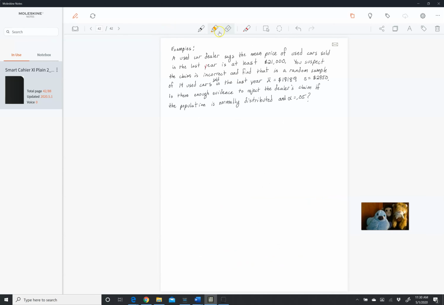So our first step is to do that verification. So the sample is random. The population is normally distributed.